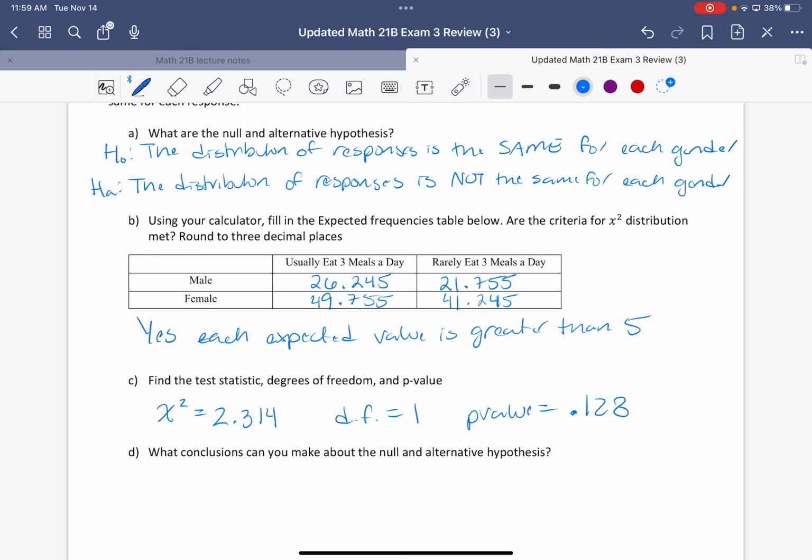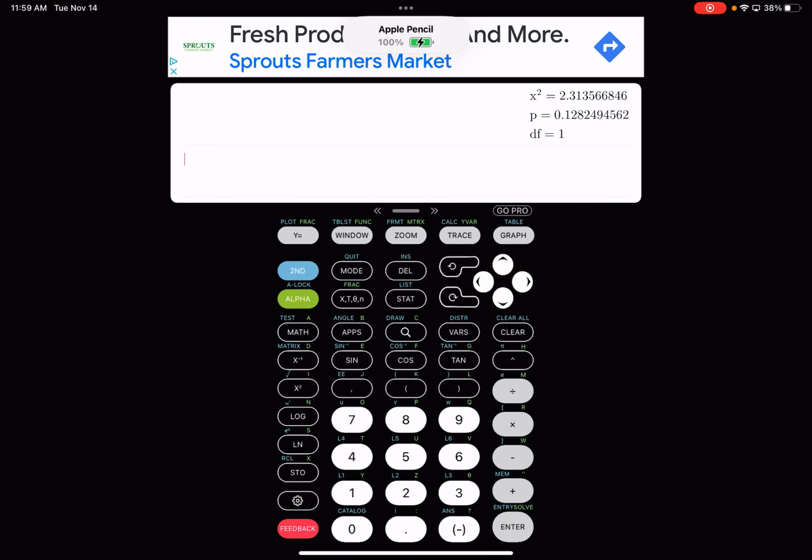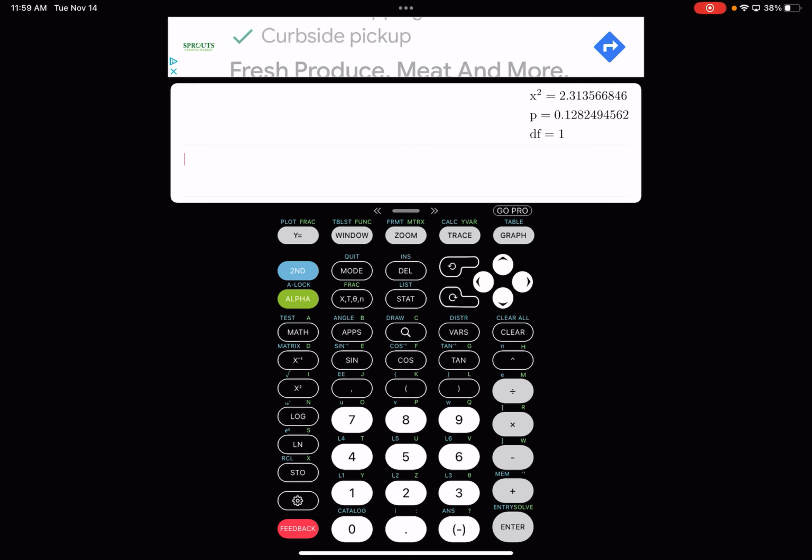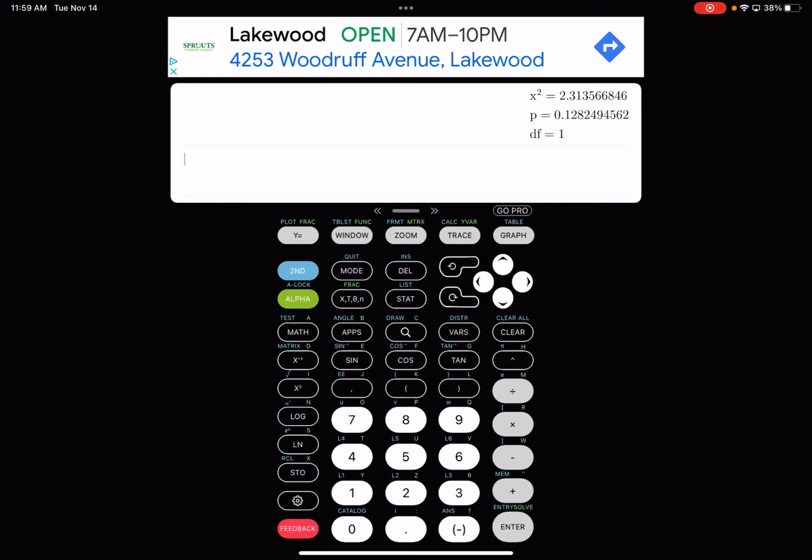When I was doing the p-value, 0.128 stayed the same, then the last numbers kept changing. That's okay, right? The answer's 0.128, so that's just because of the method you're using, whether you use that one or this one.